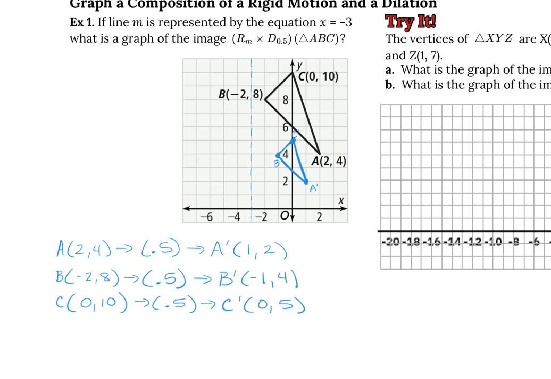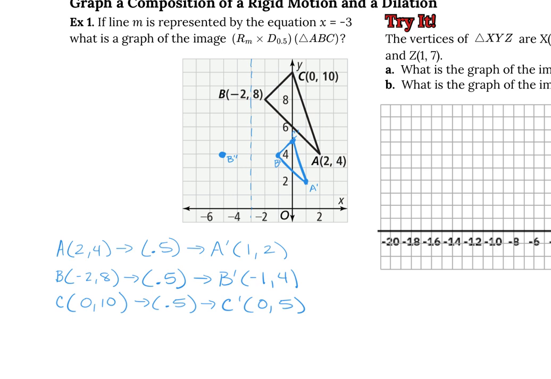Okay, so I have my new image, but now I want to do the reflection across M. So I'm going to reflect this across M. My point B prime is going to move directly across M. If I was 2 spaces away from M before, I'm still 2 spaces away on the other side. So this is B prime prime.